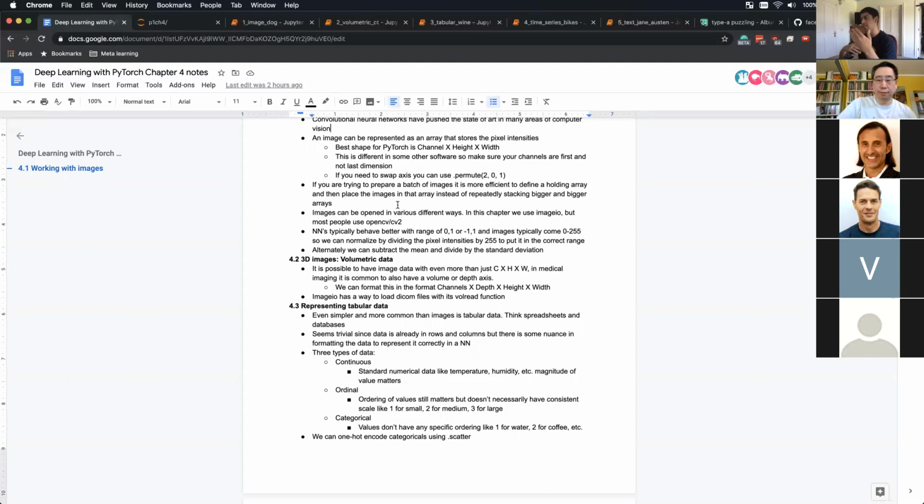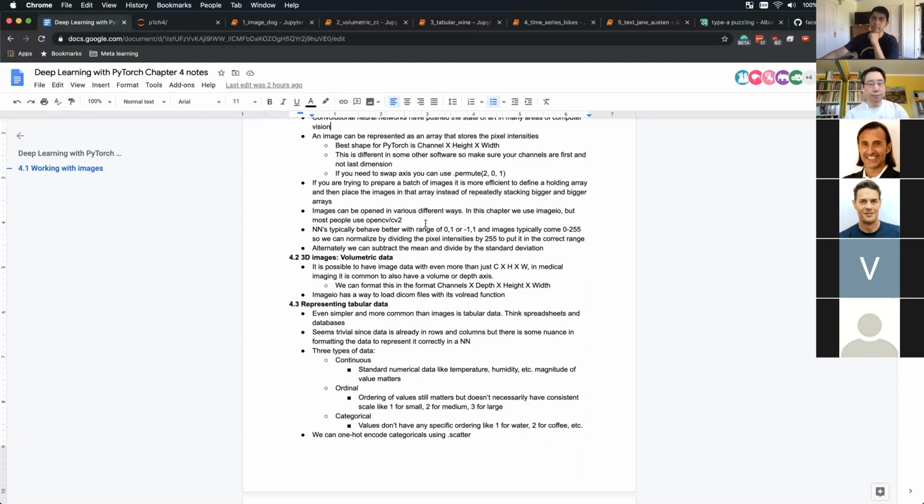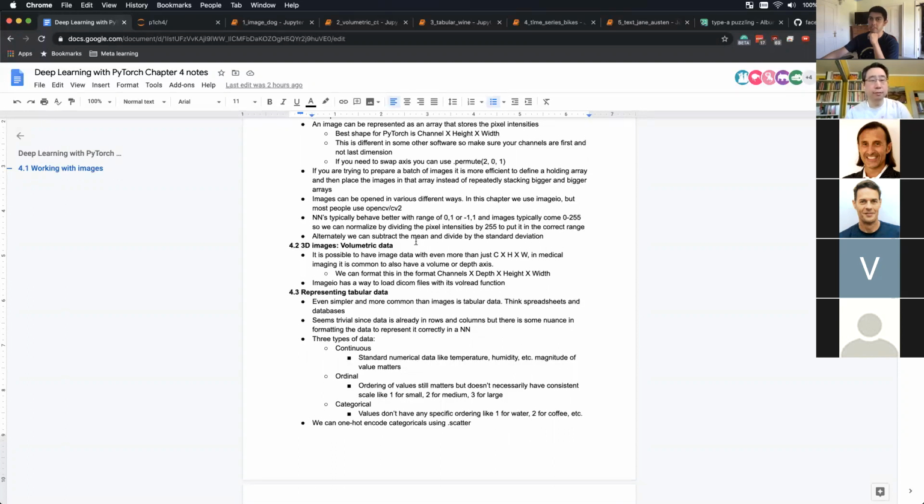Say my batch is going to be 32, so I make a 32 by channels by height by width array and place them all in that array. You can test that for yourself and see that stacking is a bit slower. You just time it and see that it's not the way you want to go. And it gets worse as you add more and more images to a bigger array.